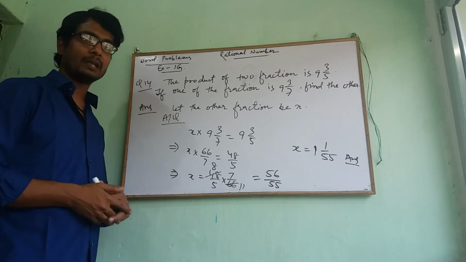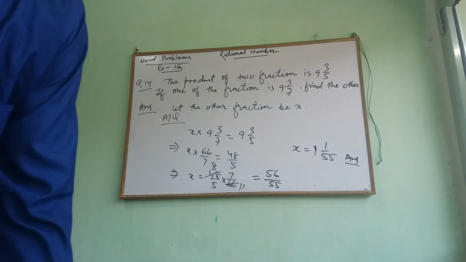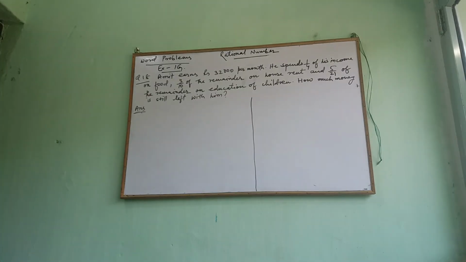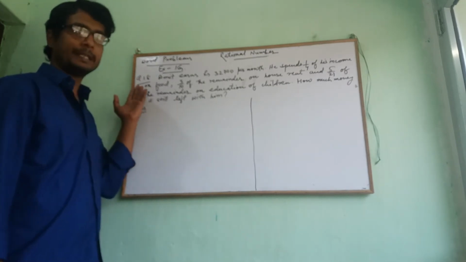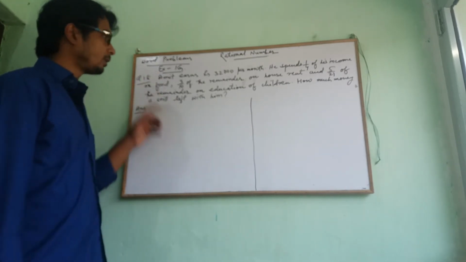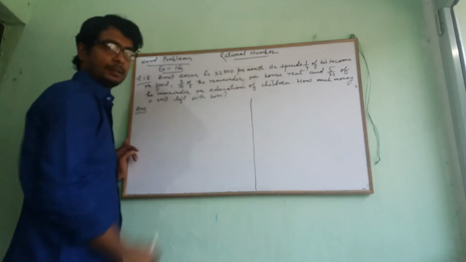Now let's solve our last question of this video, that is question number 18 of exercise 1G. The question says, Amit earns rupees 32,000 per month.